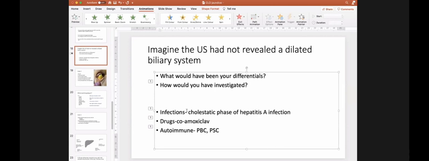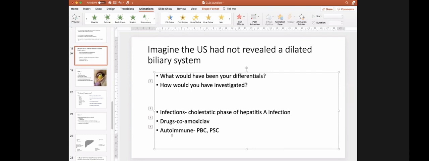So there are certain infections that can cause intrahepatic cholestasis. Classically, it can occur in what is called the cholestatic phase of hepatitis A. So a patient can have hepatitis A and then have a hepatocellular type of liver injury, right? And then in the recovery phase, go through a cholestatic phase, right? That's one possibility. Then there are lots of drugs which can cause cholestasis. I've just given one example here, co-amoxiclav.